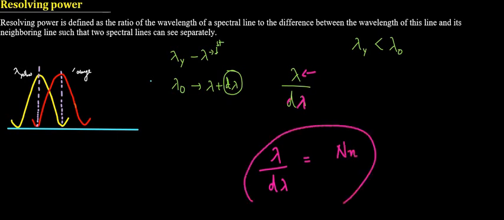That is, the resolving power of a grating is given by lambda divided by d lambda, which is equal to the product of the order of the spectral line and the number of lines. Lambda by d lambda is equal to N n, where capital N is the number of lines and small n is the order of the spectral line. That's all about the resolving power. Thank you.